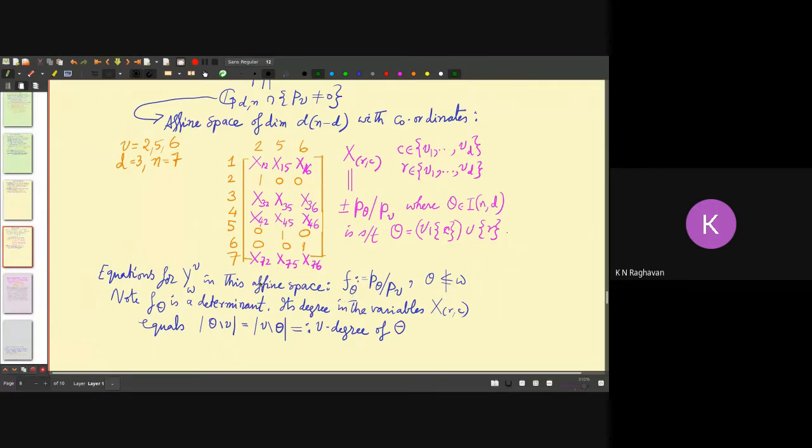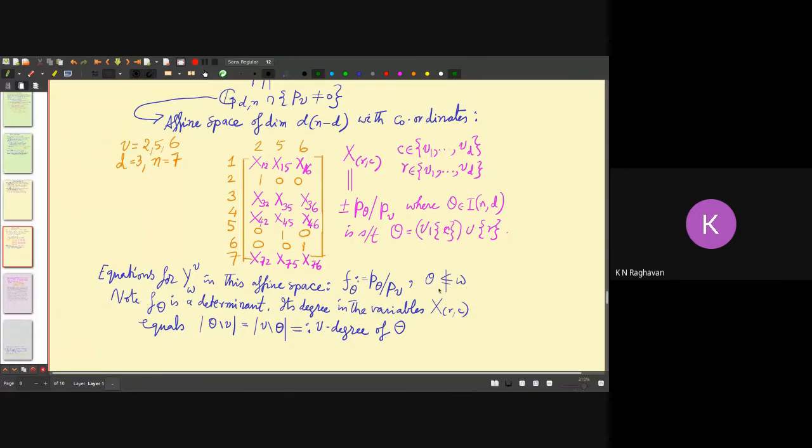Since I know the equations for XW were given by P theta where theta is not less than or equal to W, it follows that YVW is just given by P theta by PV such that theta is not less than or equal to W.